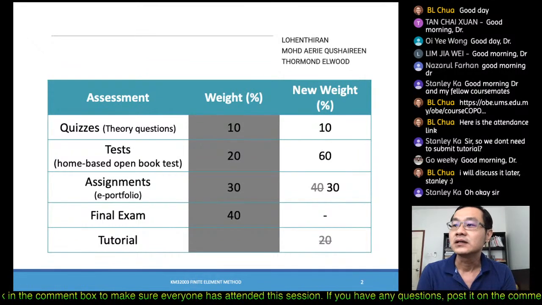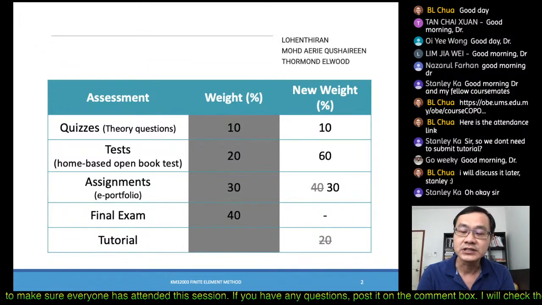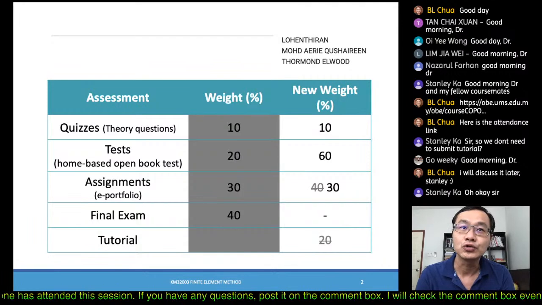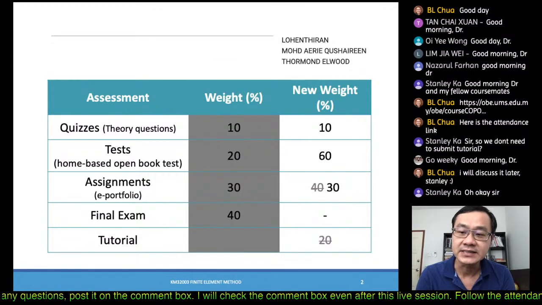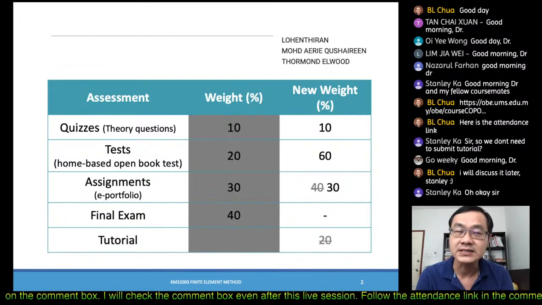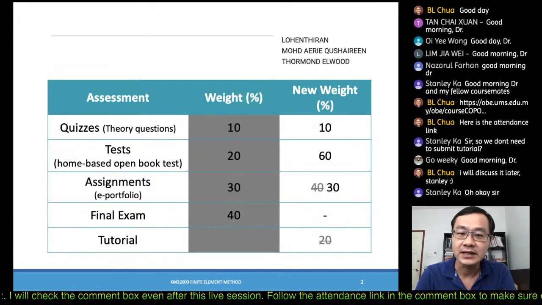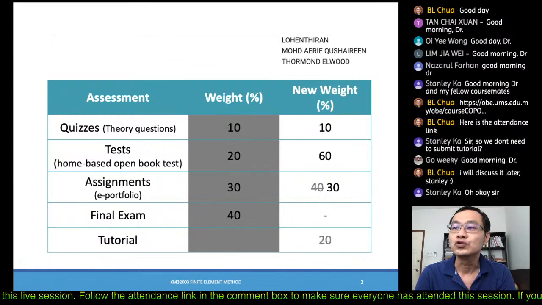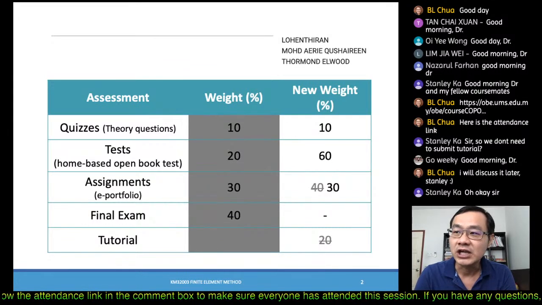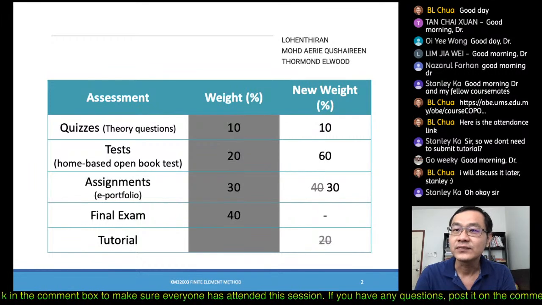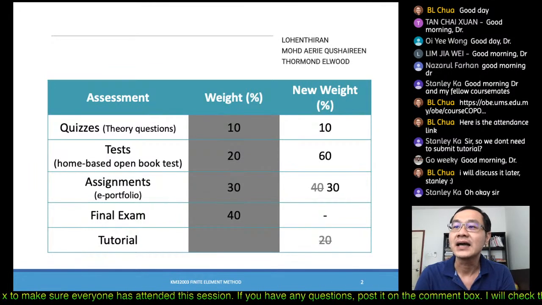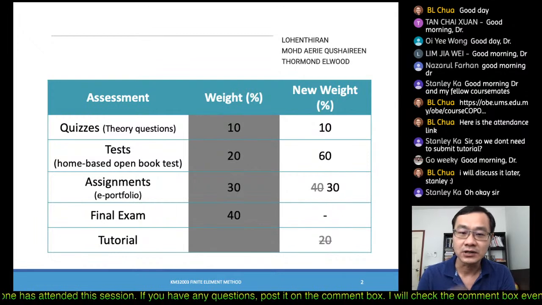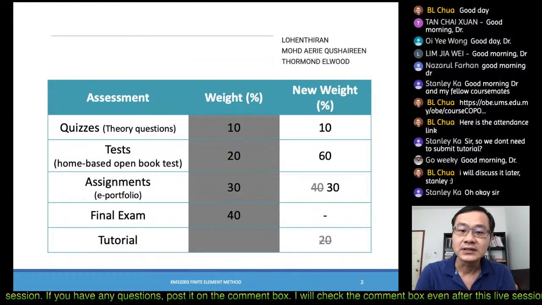This is a decision made due to the compliance to the EAC. We have discussed with the EAC, and we have decided not to change any weightage that exists in our course, except the final exam.